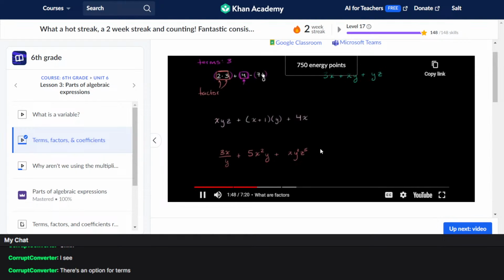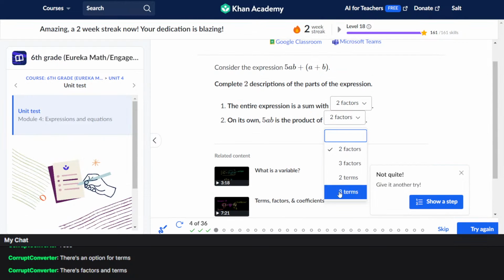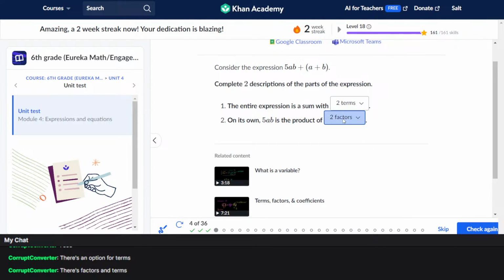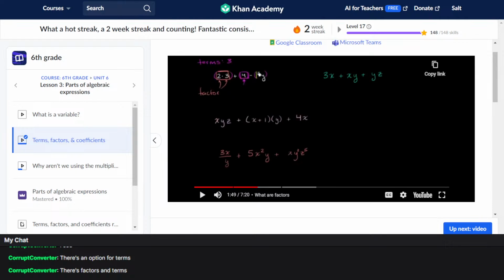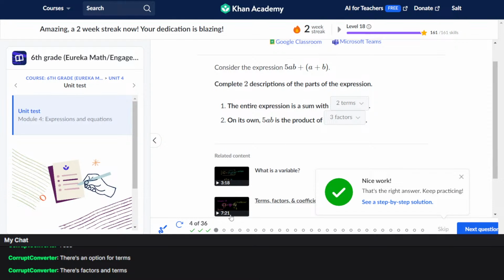And the third term here, once again... Oh no, I see. Okay, there's 3 factors and 2 terms. That was the problem. I didn't even realize that. I thought they all said the same. I guess this is why you read your answers, like your options.